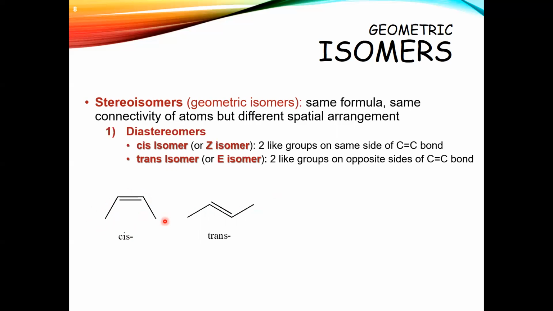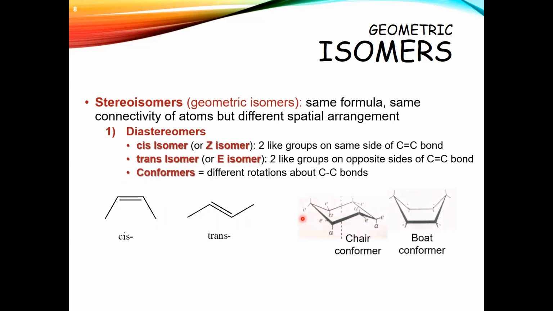That's how I remember cis. For trans, these similar groups are on opposite sides of the double bond. And just like the transcontinental railroad goes across the United States, a trans structure goes across the double bond, whereas the cis is on the same side. So this is one type of diastereomer. Another type is conformers. So right here I'm showing a very simple depiction of different conformers.